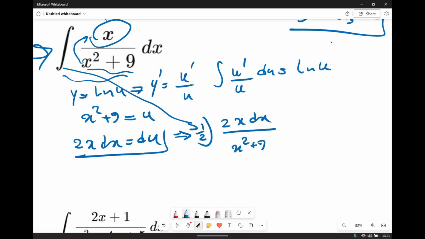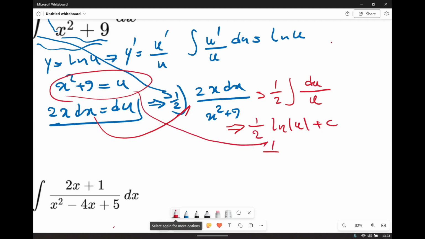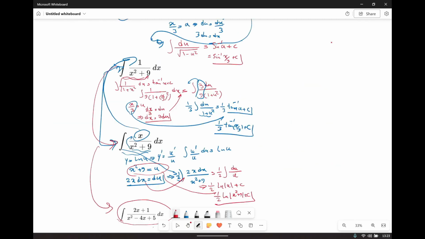If we change this substitution, it is exactly 1 over 2 integration du over u, which implies 1 over 2 ln u plus c, and substituting back this is 1 over 2 ln of x squared plus 9 plus c, and that is composed of these two parts.